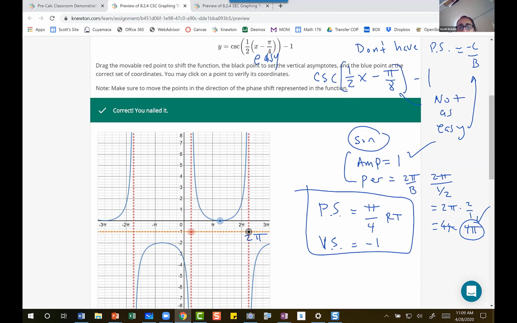And let's see what we can do now with 8.3. So if you have your note packet, find your note packet, find 8.3, and let's take a few notes for a little bit here.